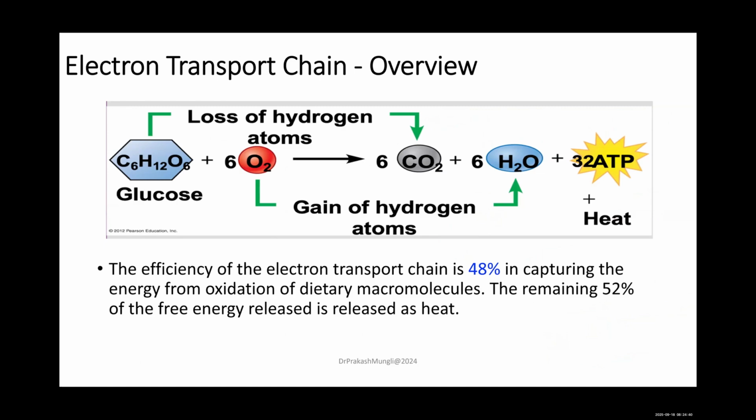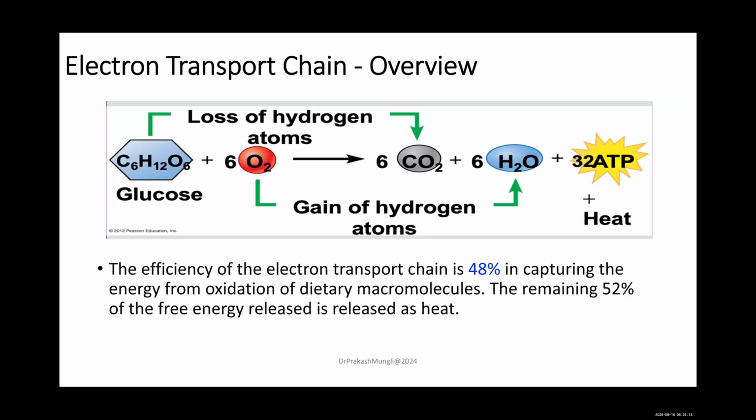Coming to the concept, how much of the energy stored in the molecule is actually captured by the electron transport chain to make ATP? If you take an example of glucose, in the amount of energy that is there in a single molecule of glucose, how much percentage can actually be tapped by the electron transport chain to make ATP?